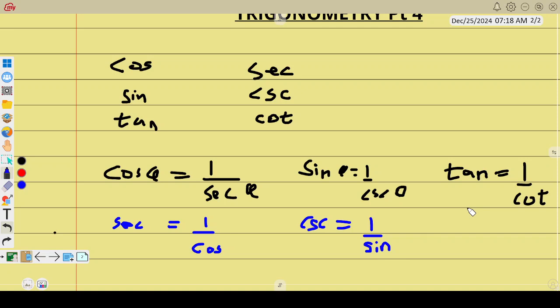One challenge that I had, and most students usually have, is remembering which one is for which. Usually you'll be given, let's say, sec x. What is this sec x? You have to remember that sec goes with cos. So sec x is equal to 1 over cos x.